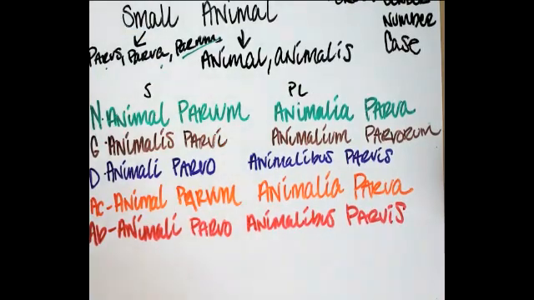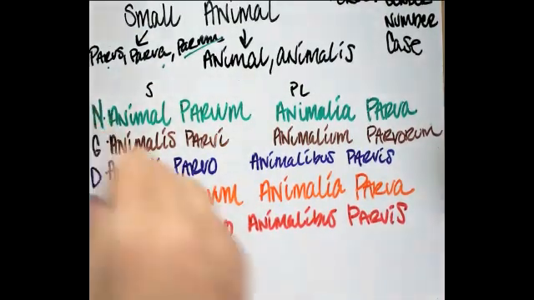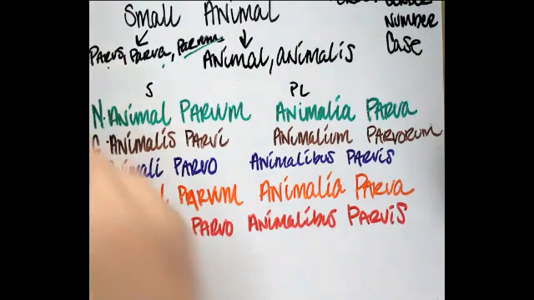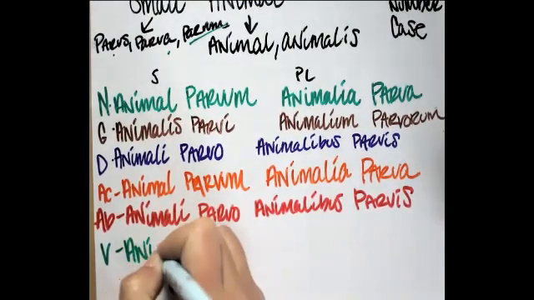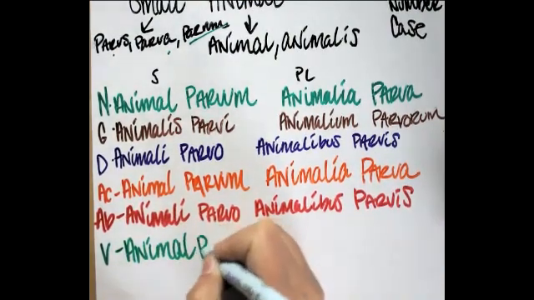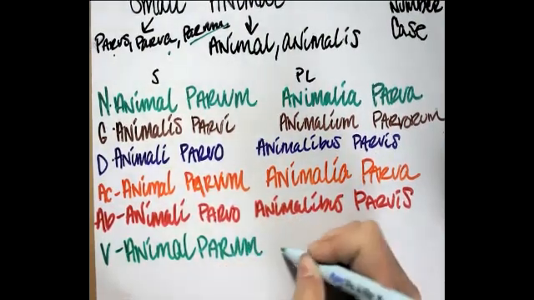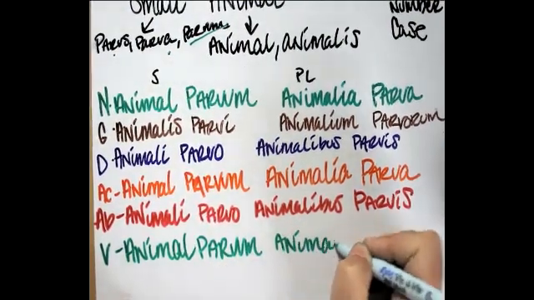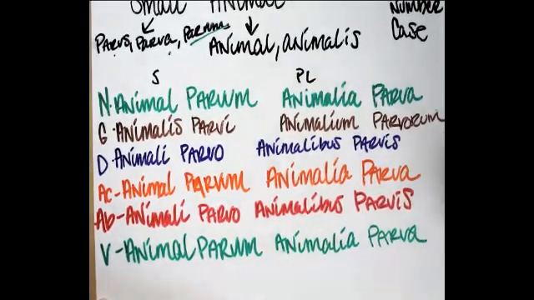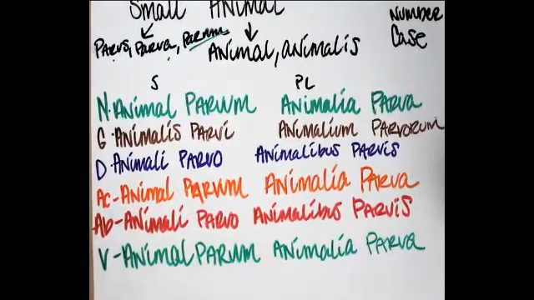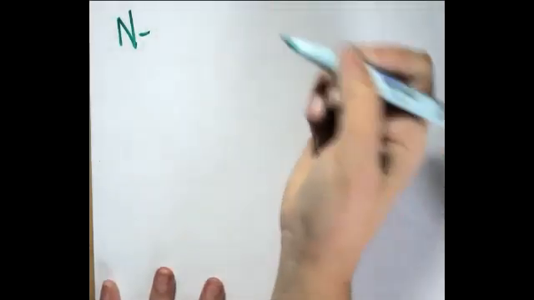In our vocative, animal, and in the plural, animalia, parva. So not too complicated, not too overwhelming. Have to remember the endings.